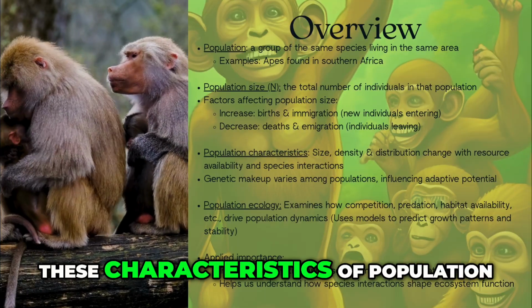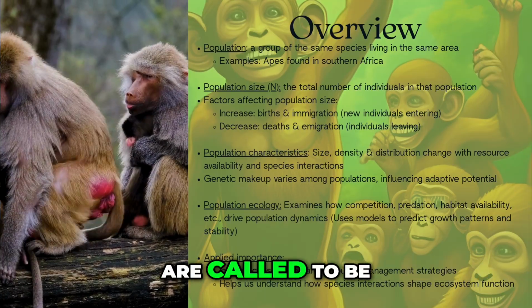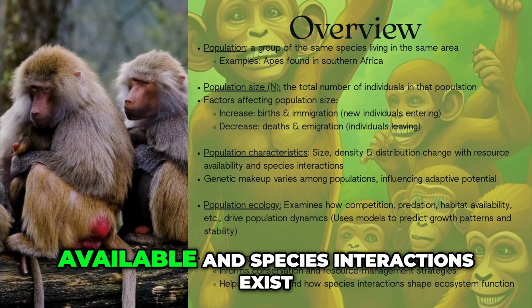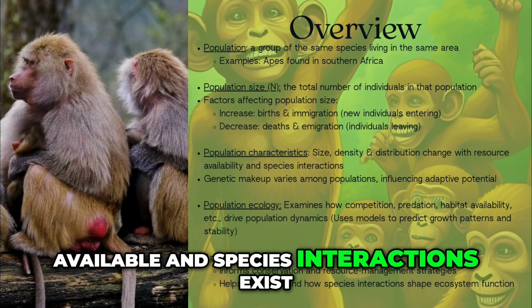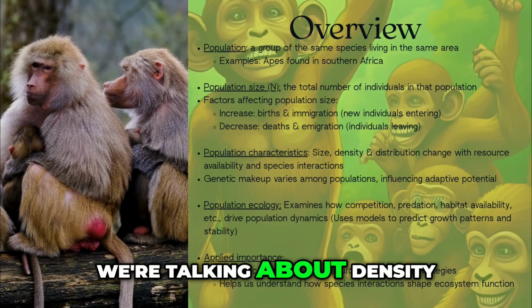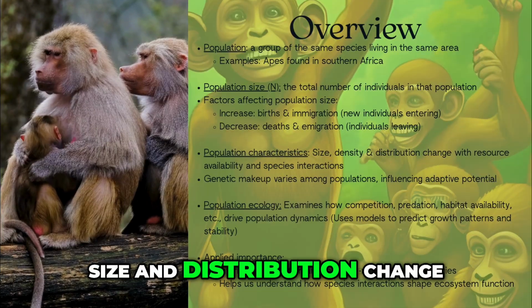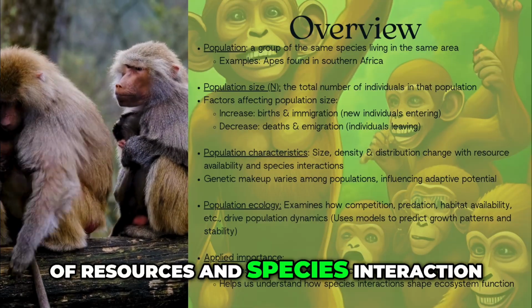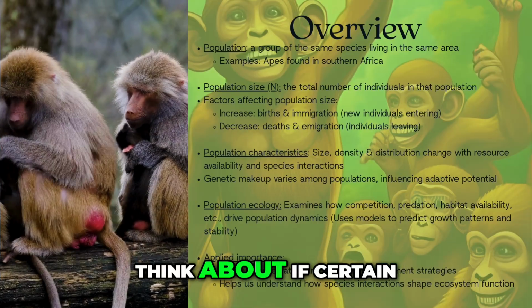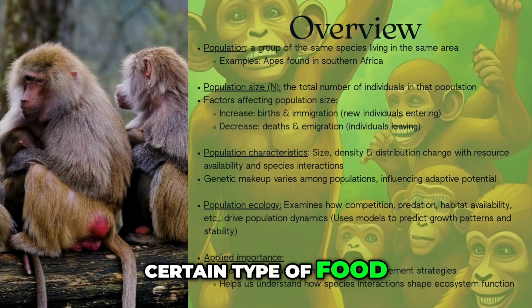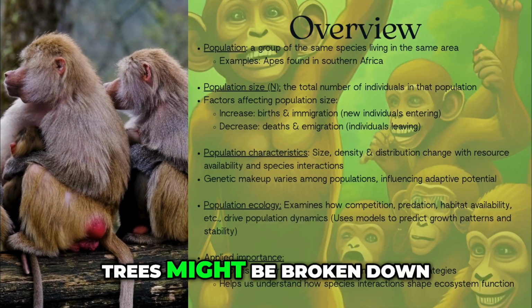These characteristics of population change with the way resources are available and species interactions exist. So when we talk about population characteristics, we're talking about density, size, and distribution changing due to the availability of resources and species interaction. Think about if certain types of apes have a certain type of food, or the fact that trees might be broken down.